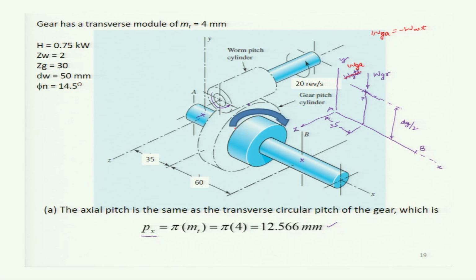Okay. Now the other force which is remaining is the transmitted force for the case of gear, and the transmitted force will act in the direction of its rotation. The direction of its rotation will be the W_G tangential.